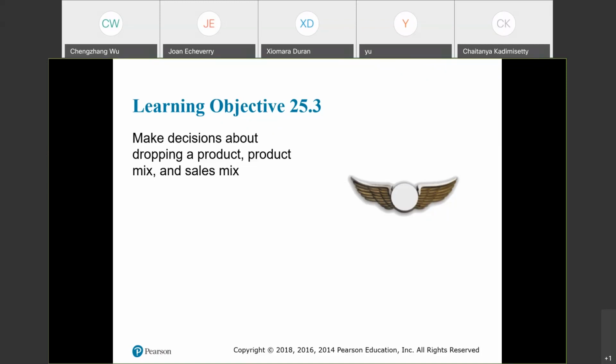Okay, so today we're going to look at how managers make decisions regarding which product to drop and how to make the product mix as well as sales mix.